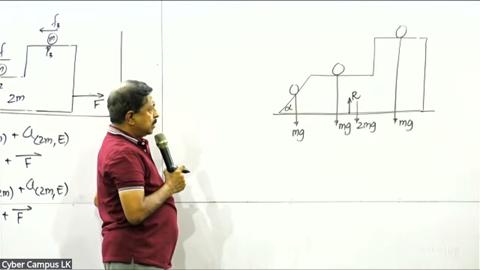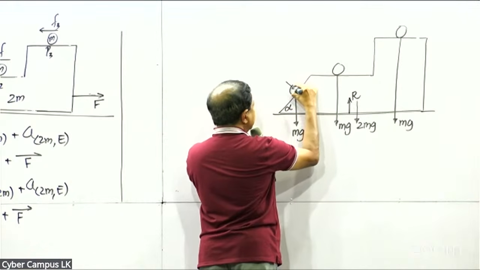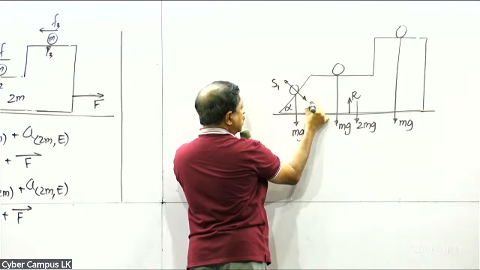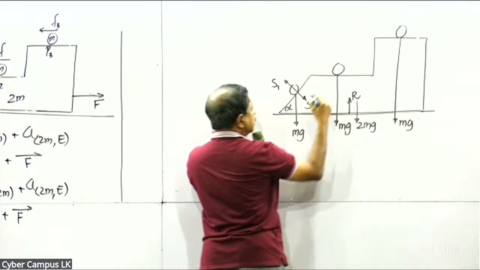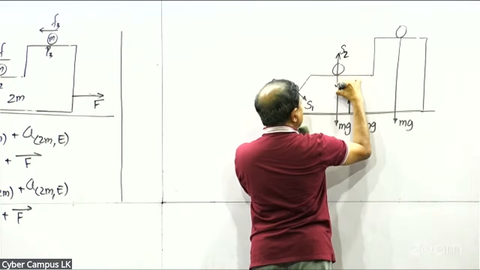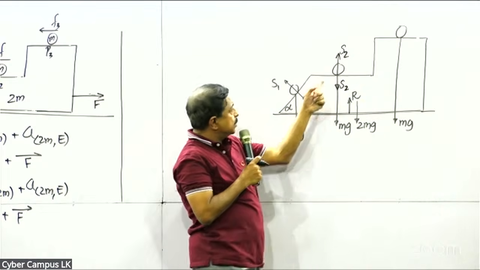Right? Now, there are reactions between these. Since it is P1, I label it like this. Here you have a reaction S2. This is an internal reaction, a reaction between these two.